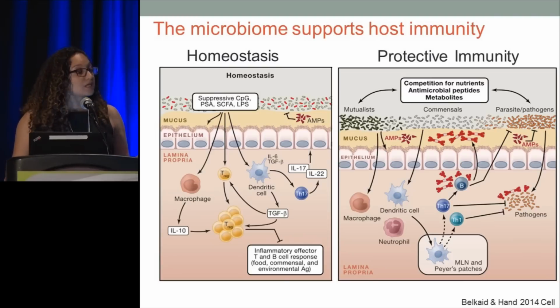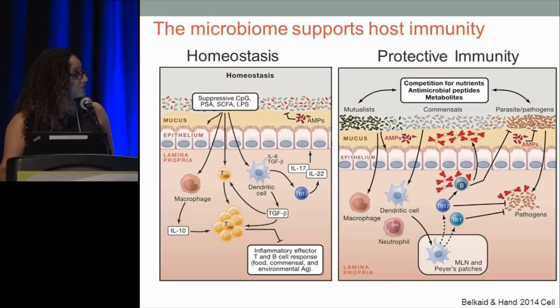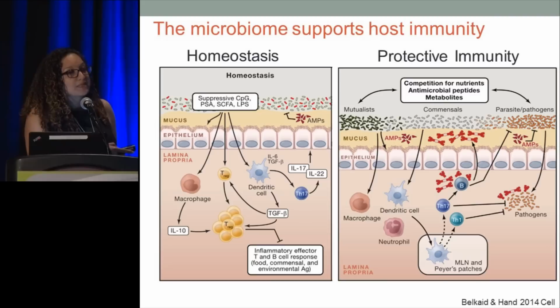On the immunology side, the microbiome is known to support host immunity. It's involved in host immune homeostasis, including by the production of polysaccharide A and the induction of regulatory T cells, or by metabolizing polysaccharides and producing short-chain fatty acids, which in turn can influence the induction of regulatory T cells.